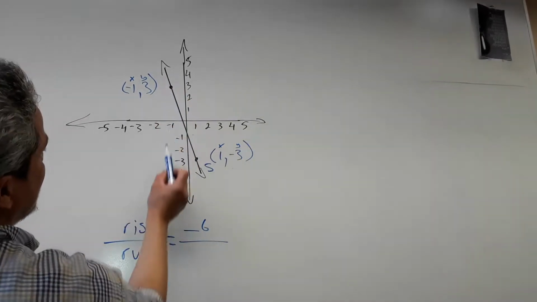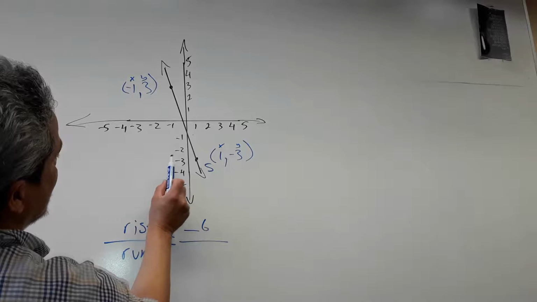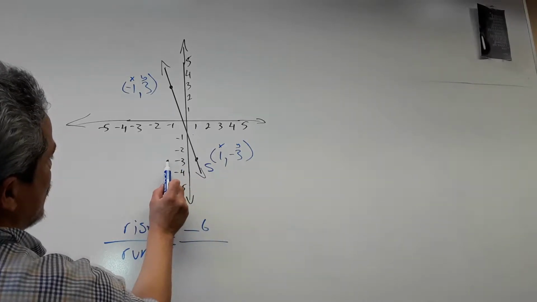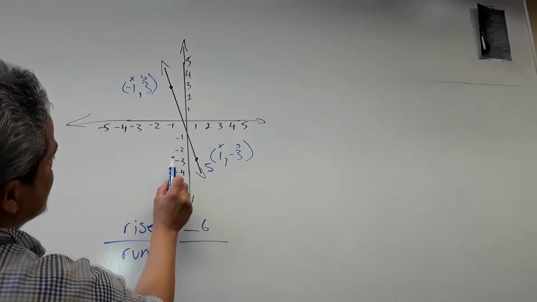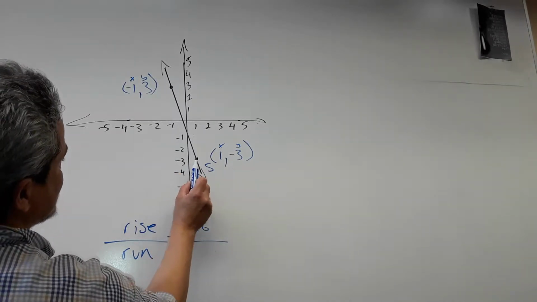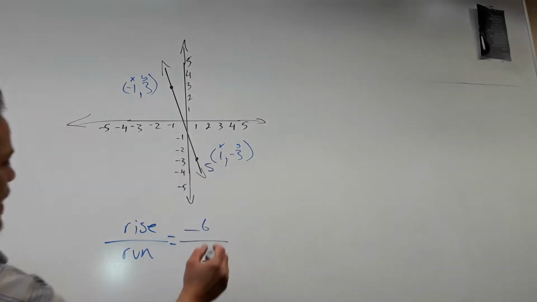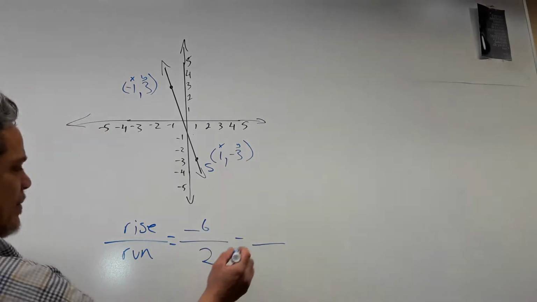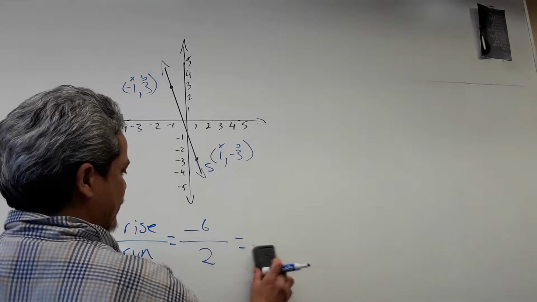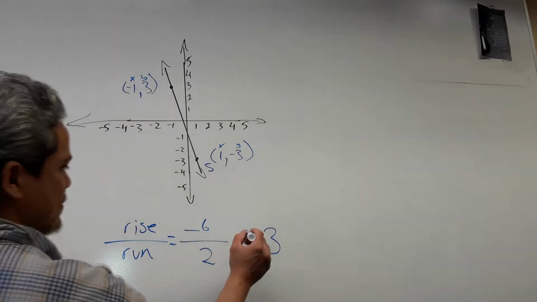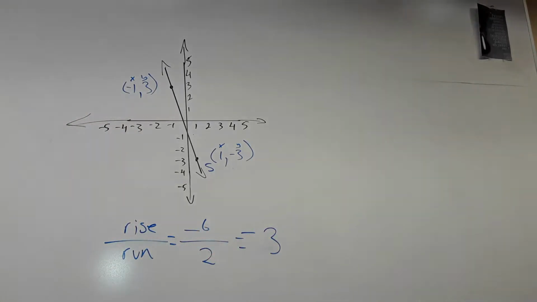And the run: we're at 1, so from 1 to 0 to the 1. That is 1, 2. So that is 2 to the right. When we divide 6 by 2, we know that is 3. We have a negative and a positive, so that ends up being a negative. So that is the slope.